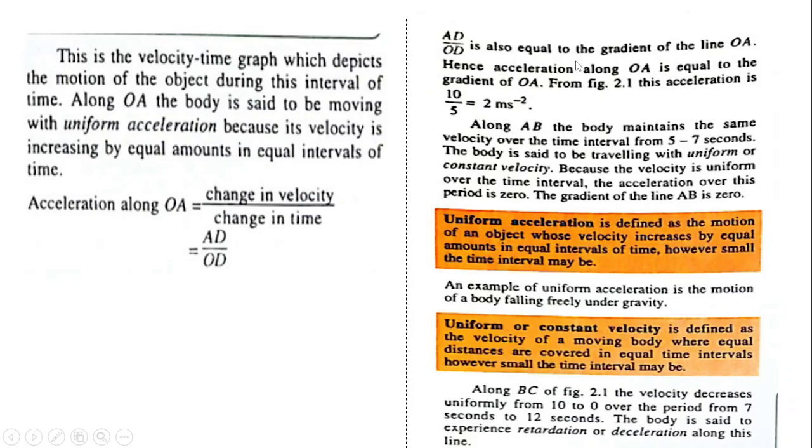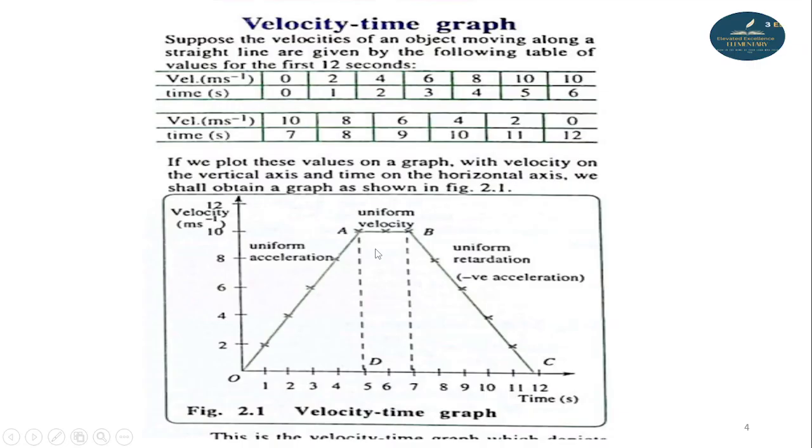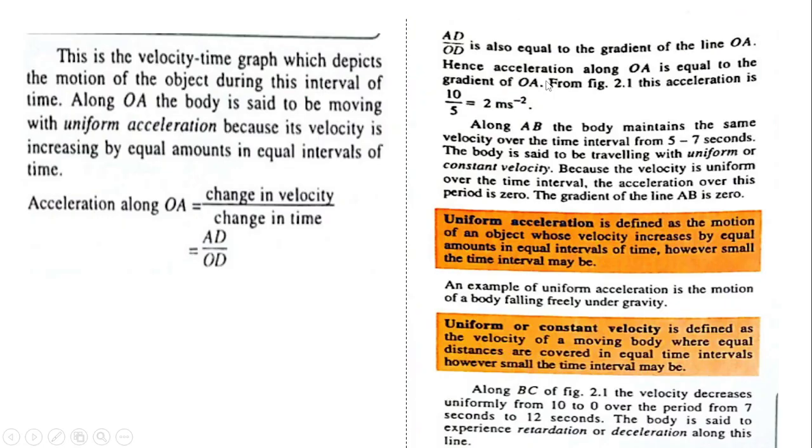So you should know that. Hence, acceleration along OA is equal to the gradient of OA from the figure above. This acceleration is 10 over 5, which is equal to 2 meters per second square.